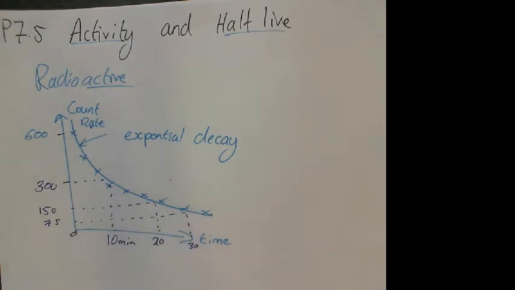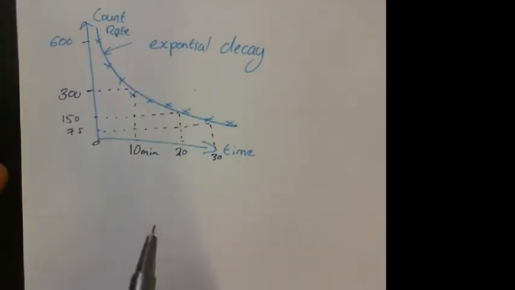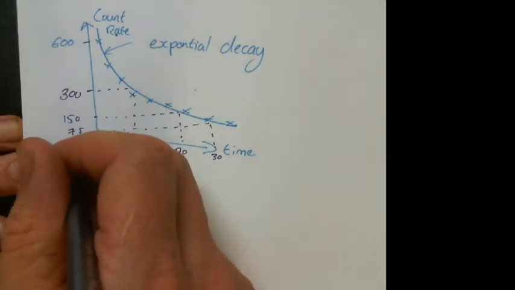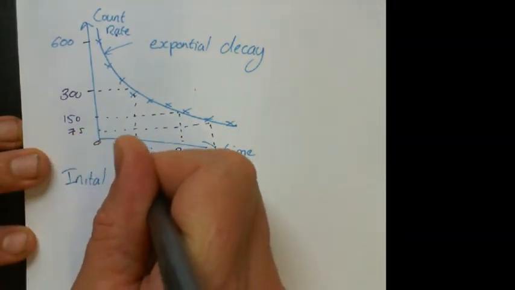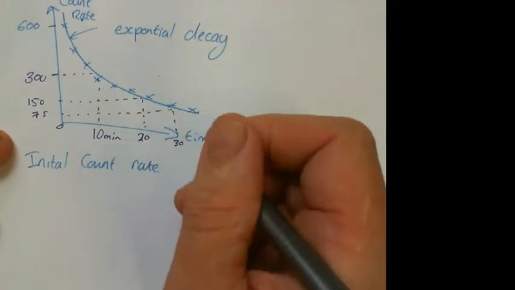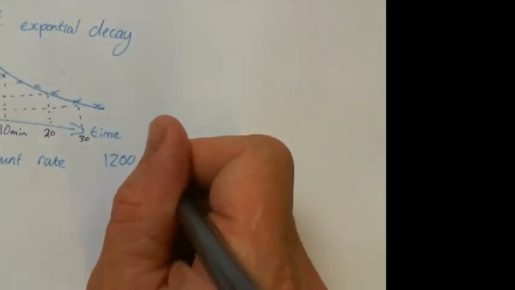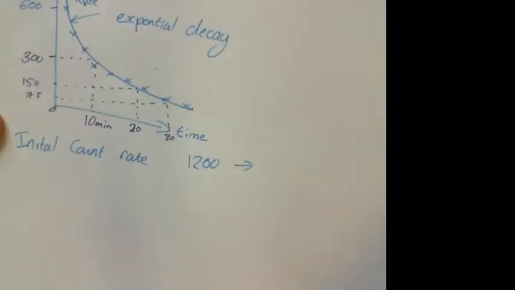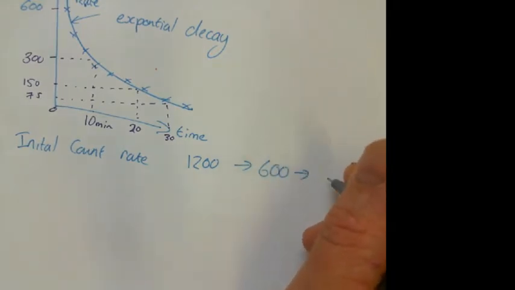So, for example, if I said that the initial count rate is 1,200, then I know that after 10 minutes I'm going to have 600 left. Then after another 10 minutes, 300.